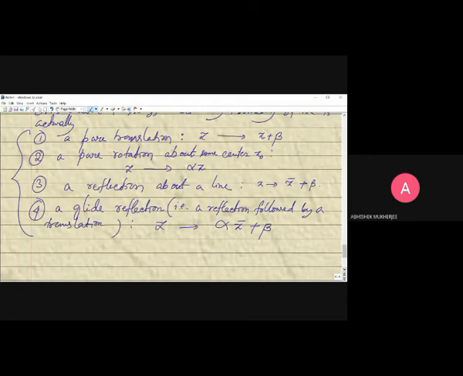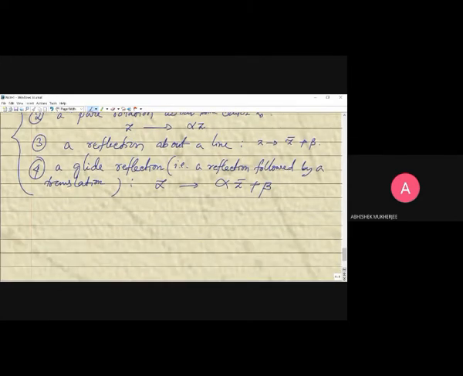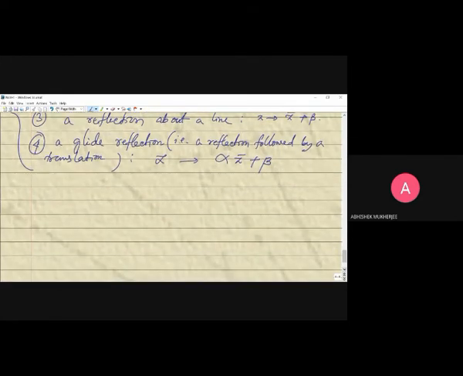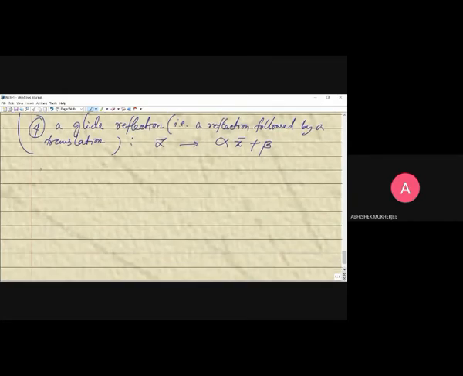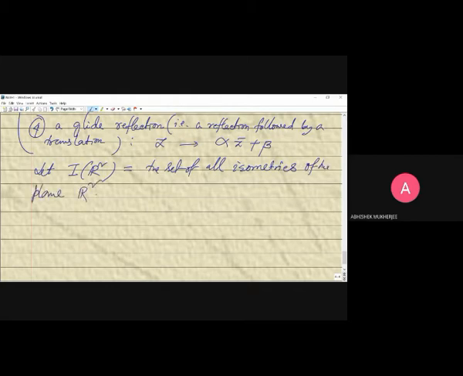Now I come to the case. If we let I(R2), what is I(R2)? It is the set of all isometries of the plane R2.